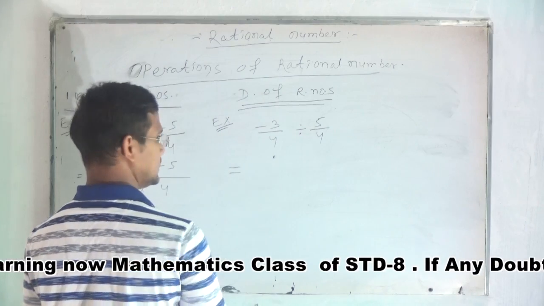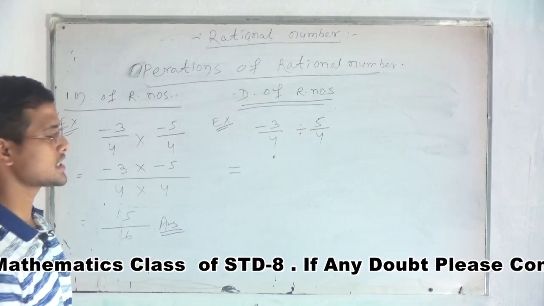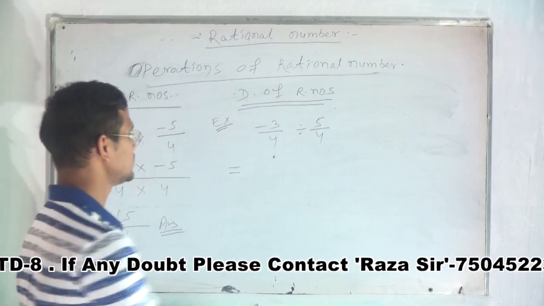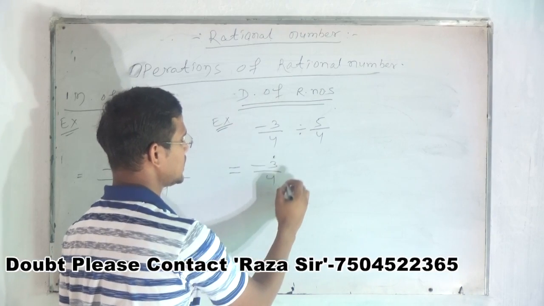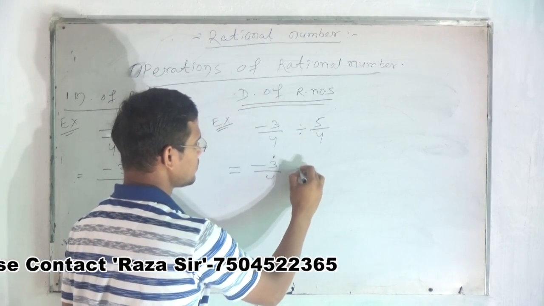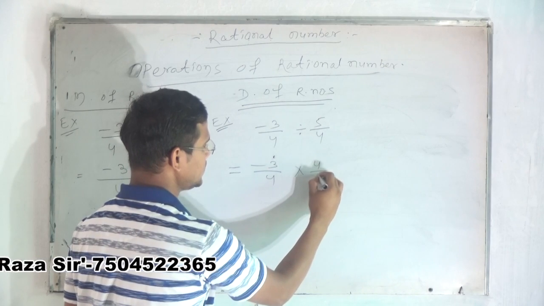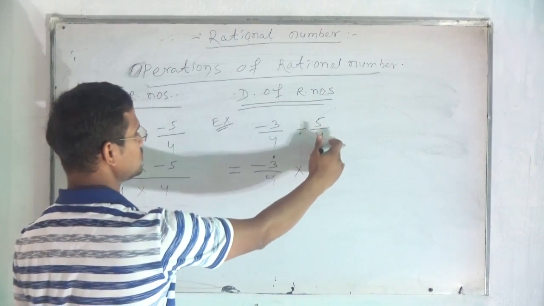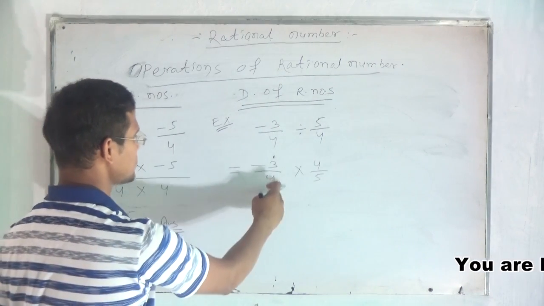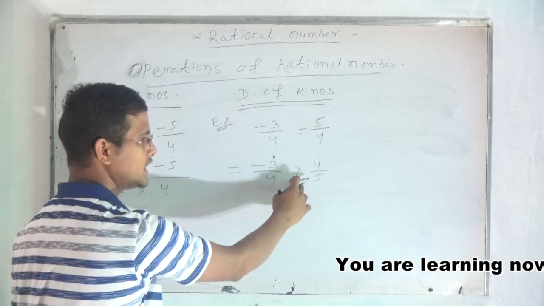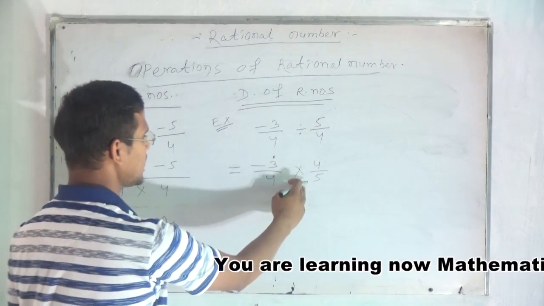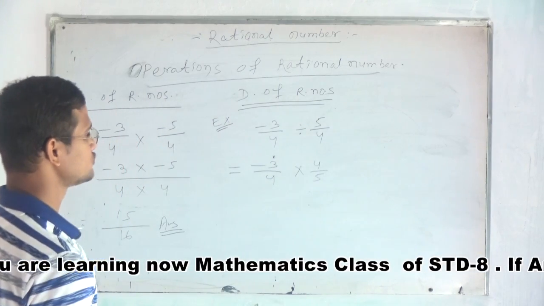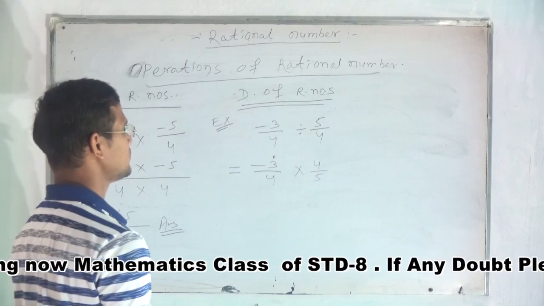First, you know already in fractions how to divide fractions. Similarly here, first you take the reciprocal of 5 by 4 and avoid the division sign. Next step, minus 3 by 4, the division is converted into a multiplication sign, and 5 by 4 is converted into 4 by 5, the reciprocal of 5 by 4.